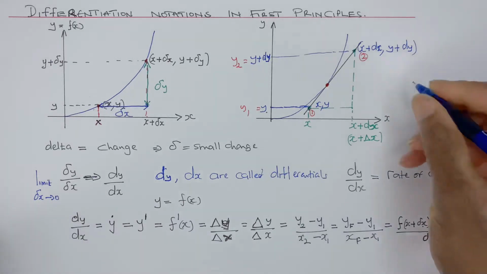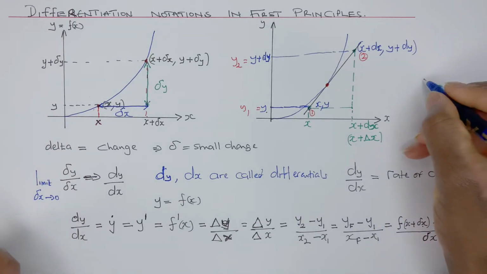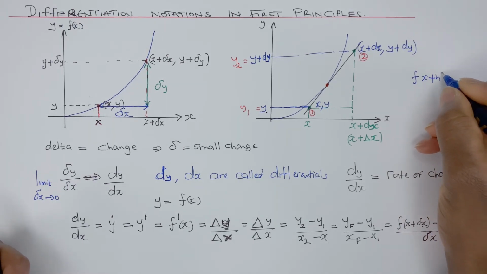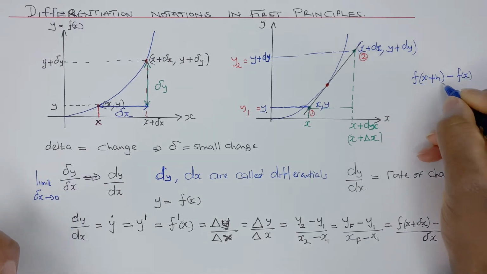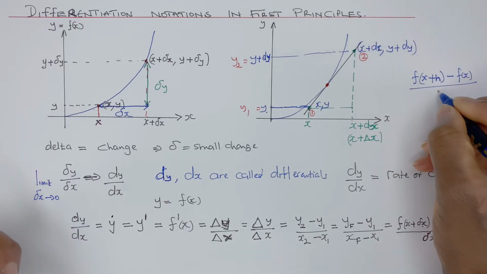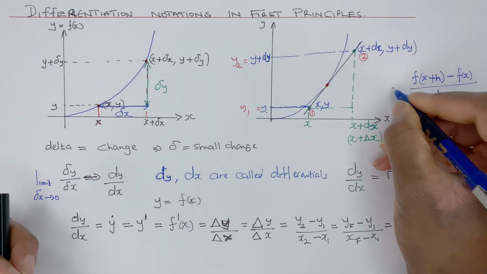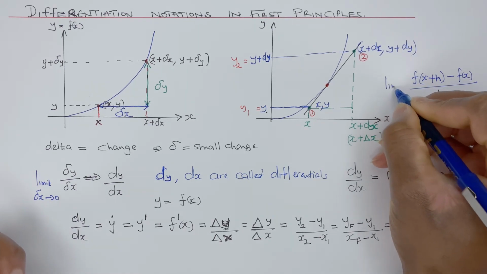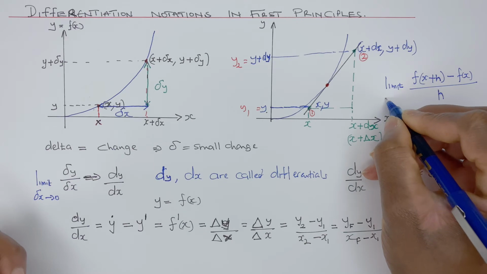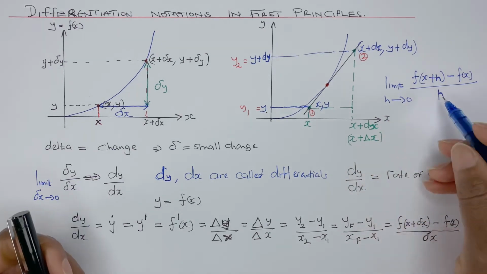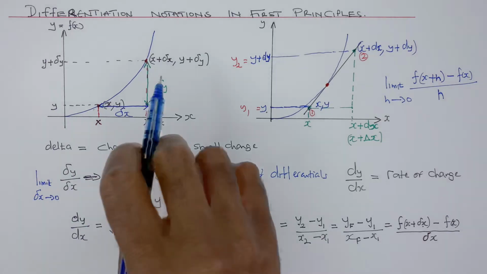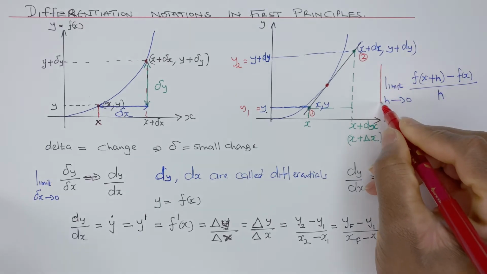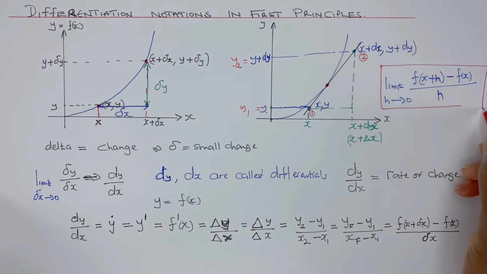In a lot of textbooks, you will see f of x plus h minus f of x over h. Obviously, they will put the limit here where h tends to 0. So you might see that. So those are the notations that come with differentials here. This is very common in some textbooks.